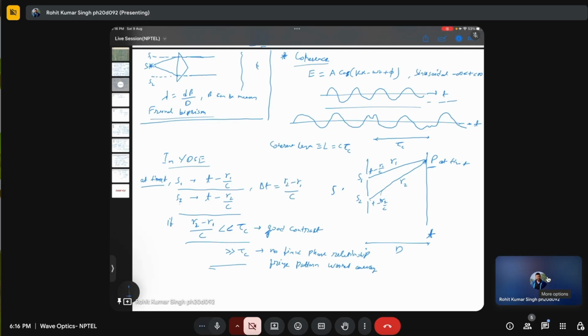If this time difference is less than the coherence time, the interval in which the wave is sinusoidal, then they will interfere, and you will get constructive and destructive interference with a good contrast of fringes.